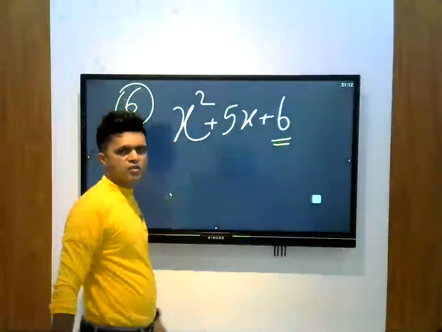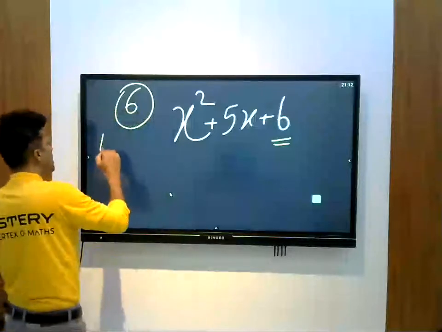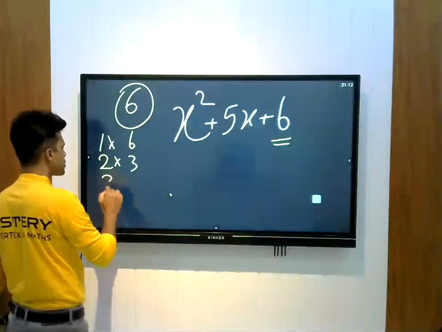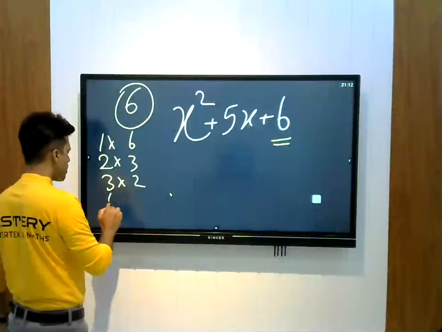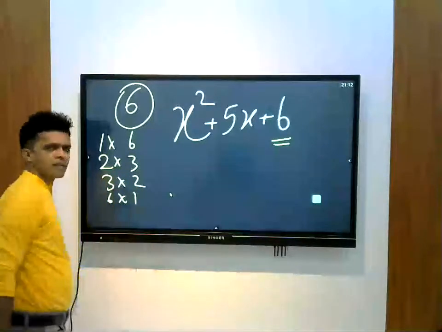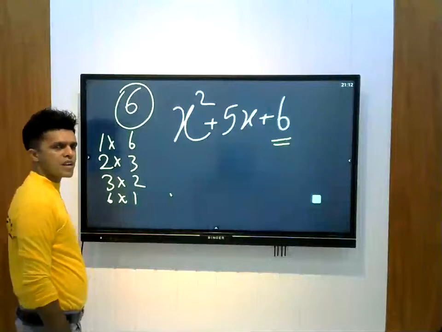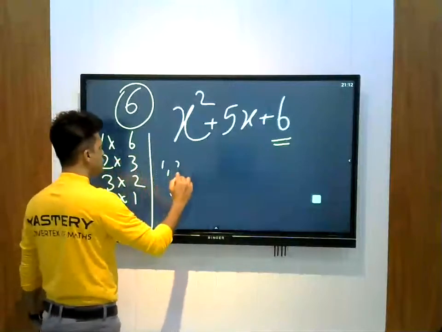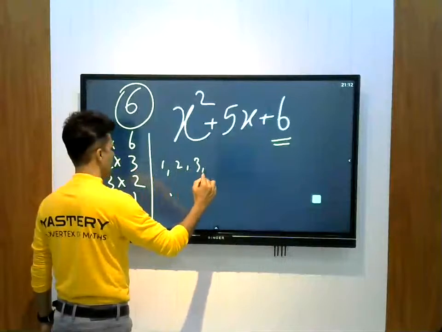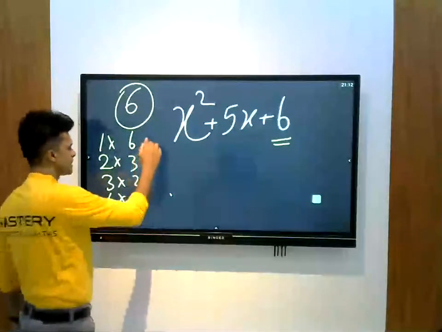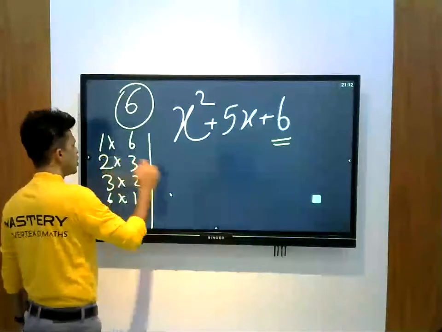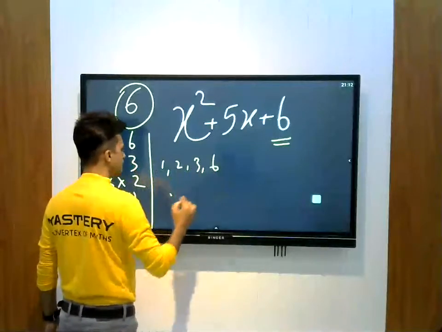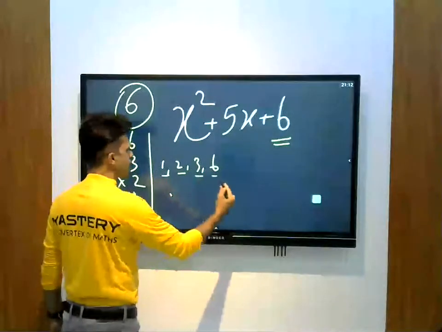What are the factors of 6? 1 times 6 is 6. 2 times 3 is 6. 3 times 2 is 6. 6 times 1 is 6. So the factors of 6 are 1, 2, 3, and 6.